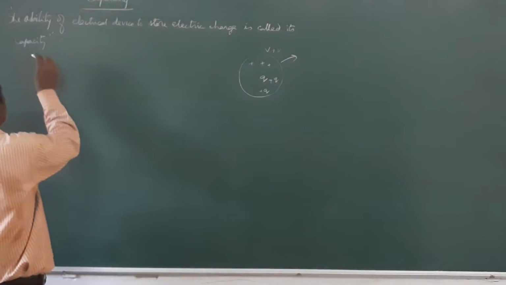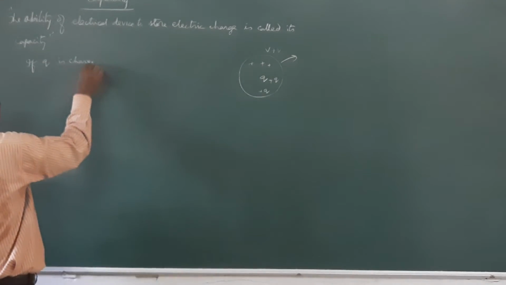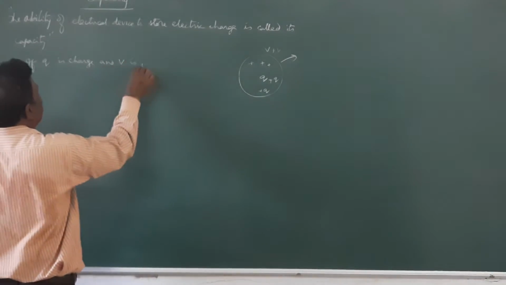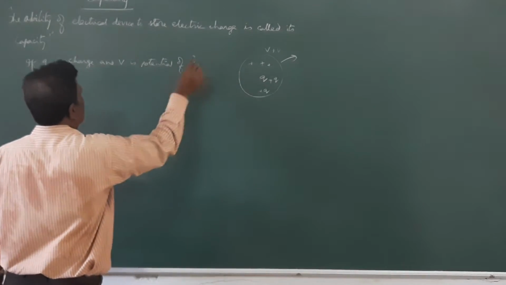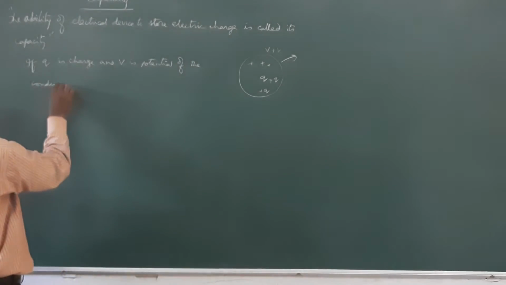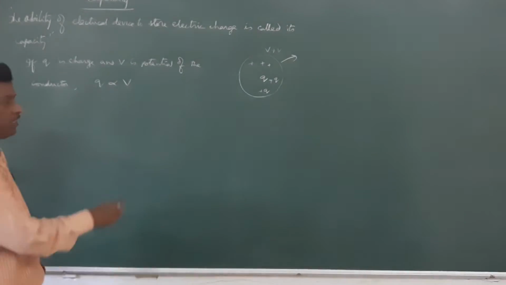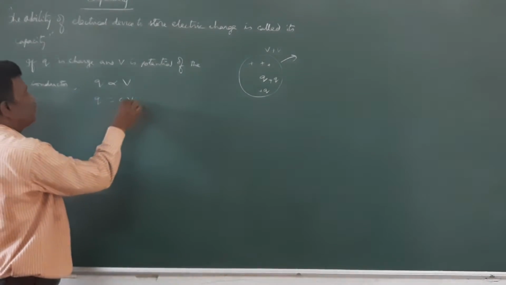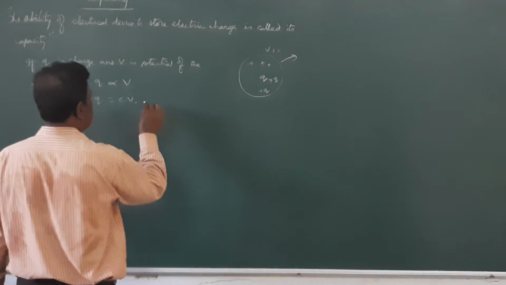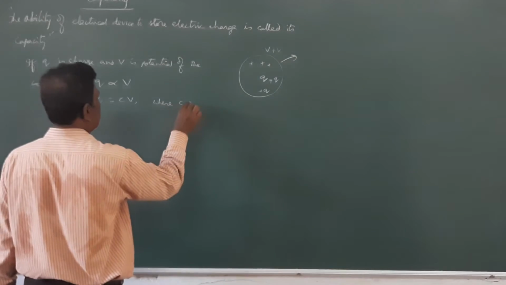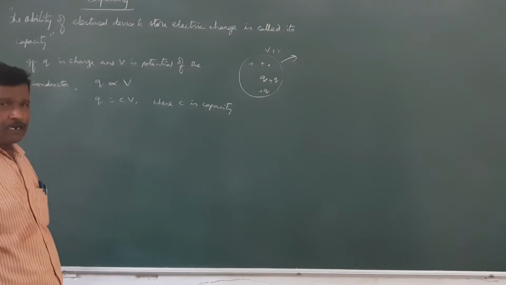If Q is the charge and V is the potential of the conductor, Q is directly proportional to V, or Q is equal to CV, where the constant of proportionality C is called capacity. C is the capacity of the conductor.